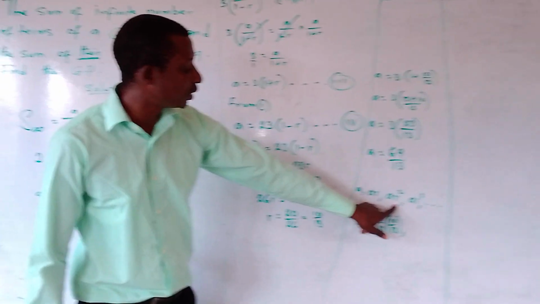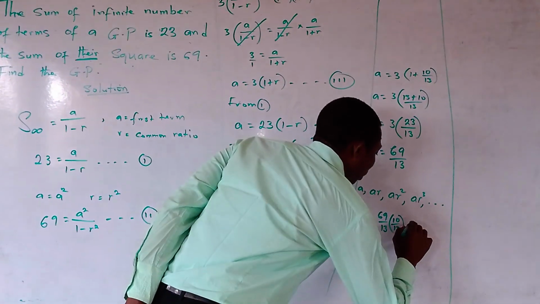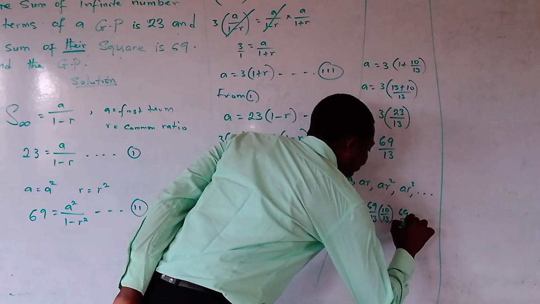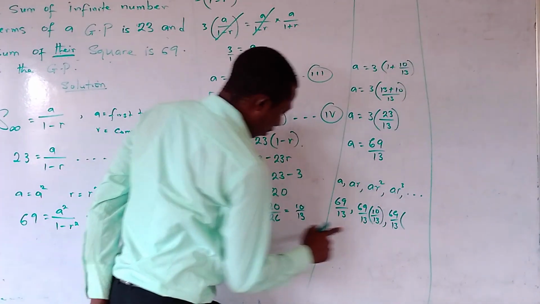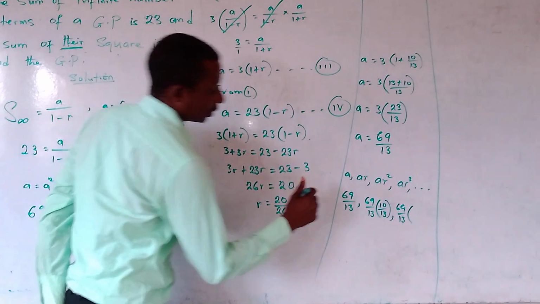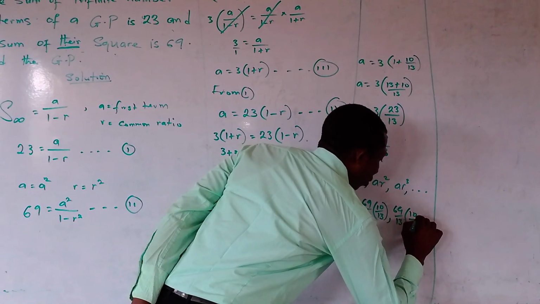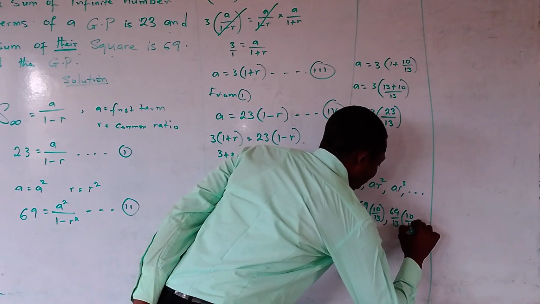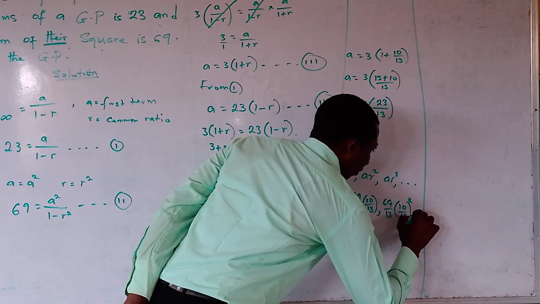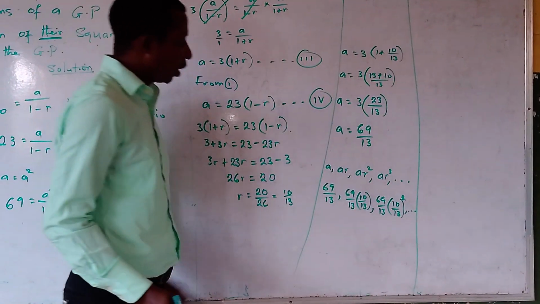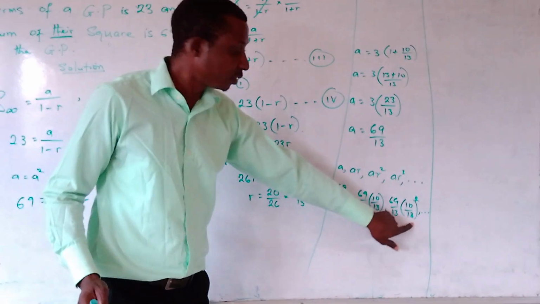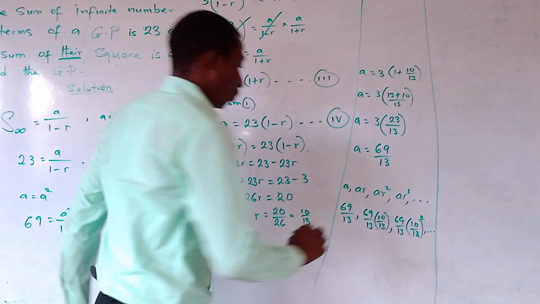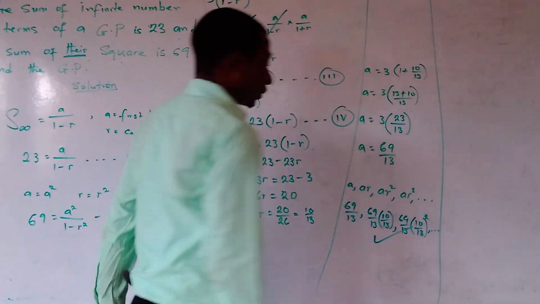Now the next term, which is the third term, is going to be what? 69 over 13 times, you are squaring the value of R. Value of R is 10 over 13. That is 10 over 13 squared. And so on. So this is the GP that we are asked to find. And this is the solution to the problem given. Thank you.